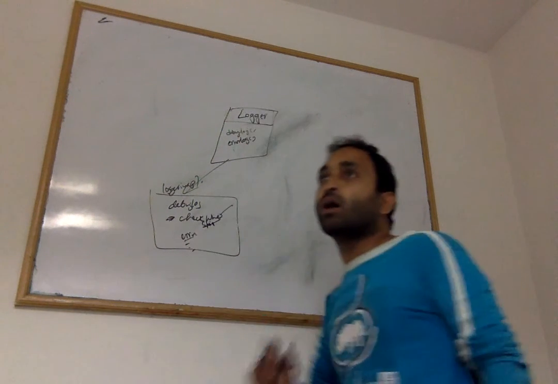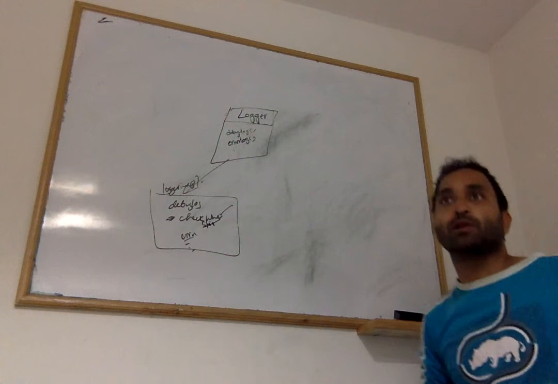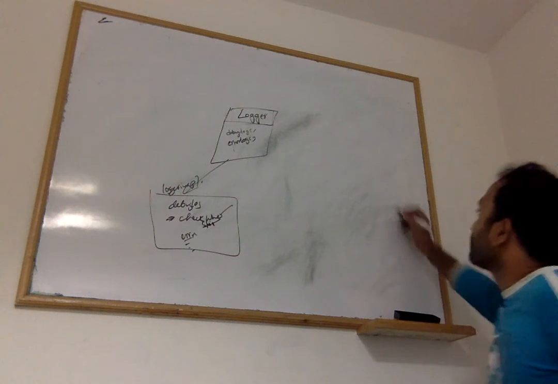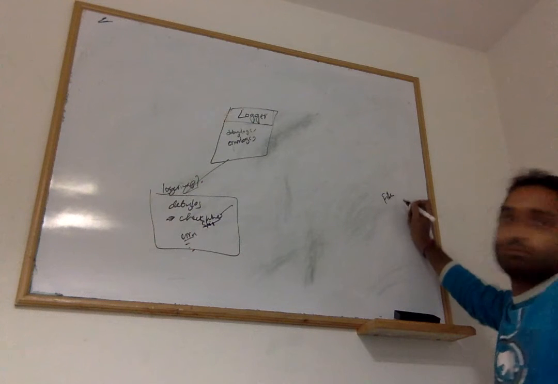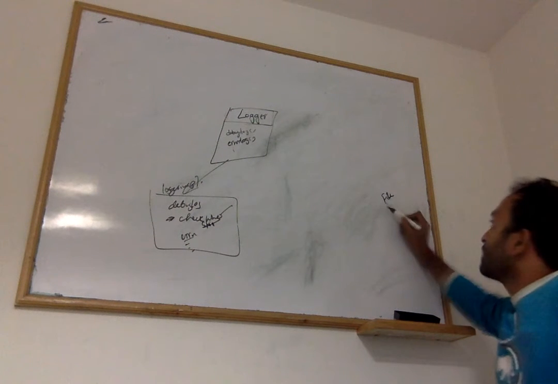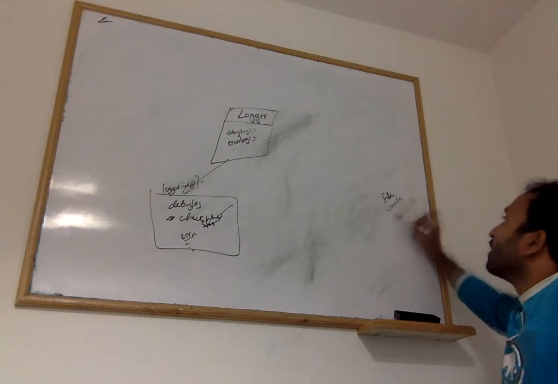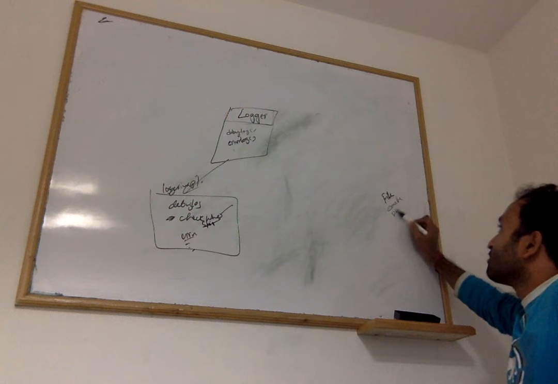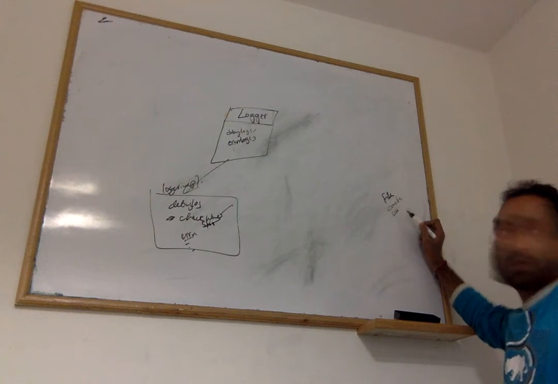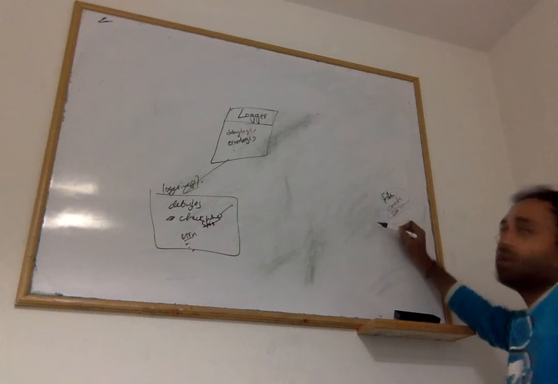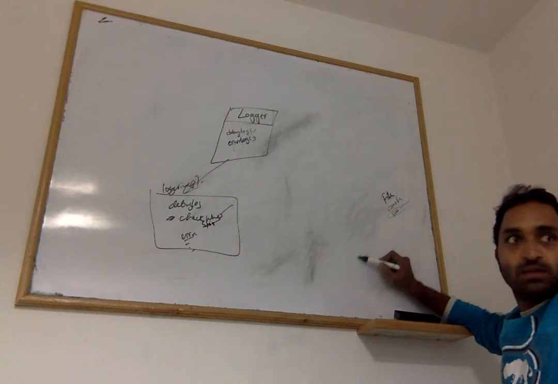So on top of this, we want to decorate it. How do we want to decorate it? We can do it in a file, or we can do it on console, or we can do it to some DB, right? Or we can do both in DB and file. That's correct, right?